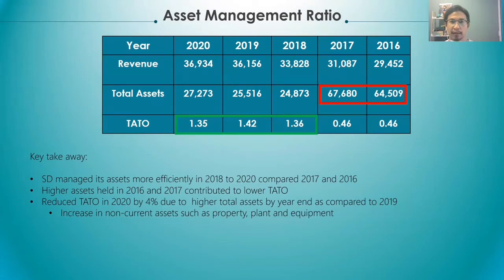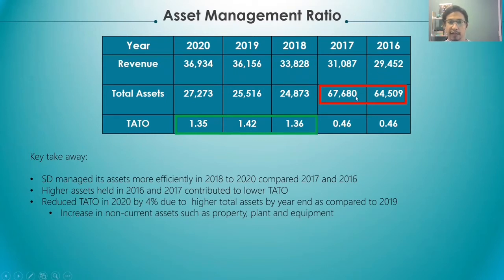The reason why we can say that Sandabi has managed its assets better in the past 3 years is because they have a higher revenue generated and lower total assets, averaging around 25,000, compared to 2017 and 2016, where the revenue was lower compared to the past 3 years.